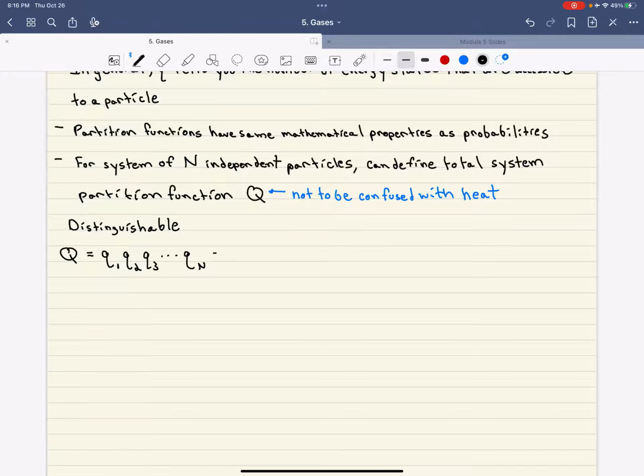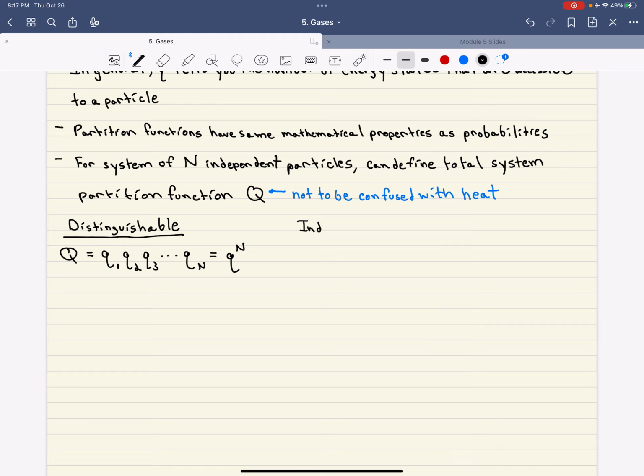Because each particle can access the same energy levels, their individual partition functions are the same, so we end up with q raised to the n power.